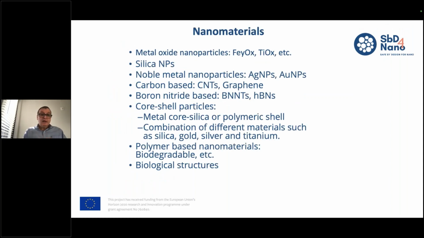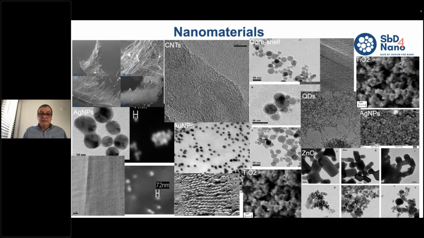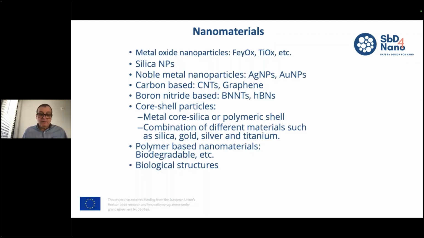I think everyone in this field knows that there is a vast number of nanomaterials available to us. Any material, technically, can be brought into nano size to explore its function. I'm not going to go through this, but if you are in this field, or even related to it, I'm sure you know the diversity there.